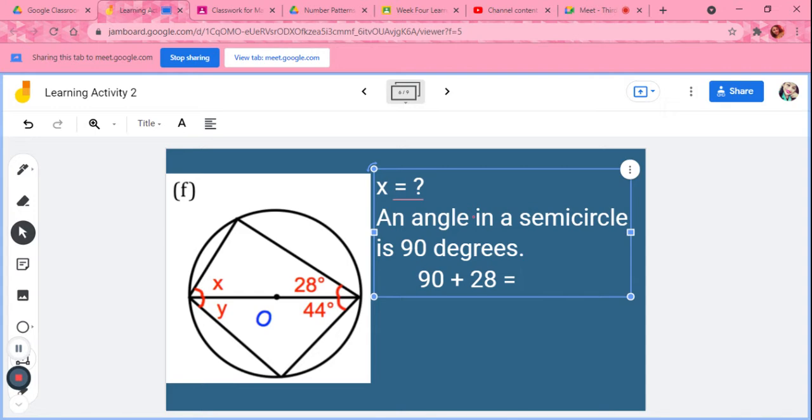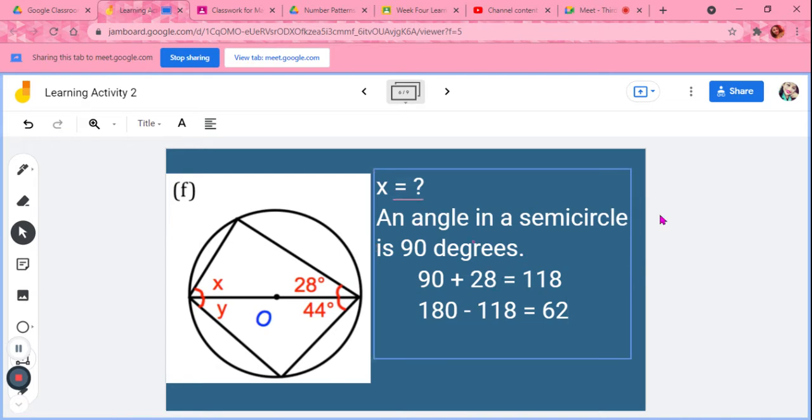and whatever that gives me, I can subtract from the 180. So what is 90 plus 28? 118. Very good. And if I subtract that from 180, what would I get? 62. Very good.